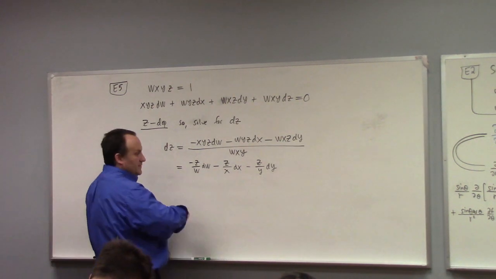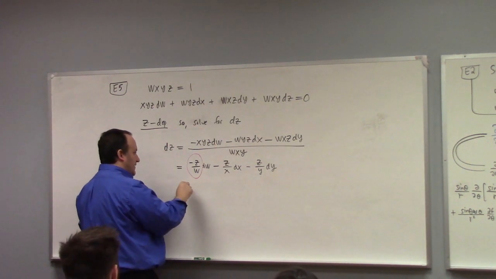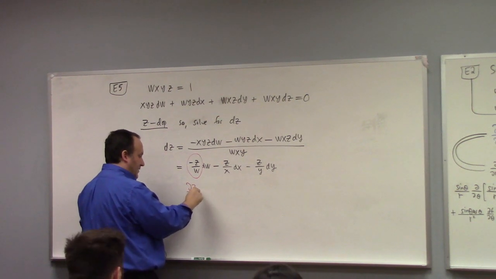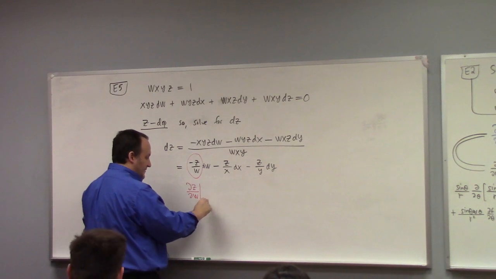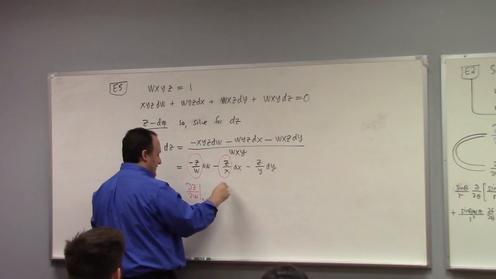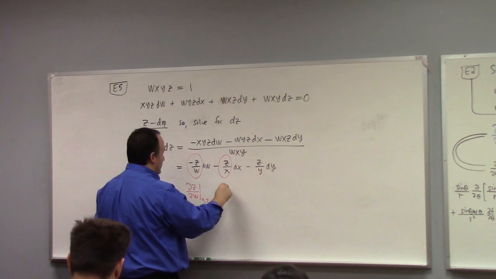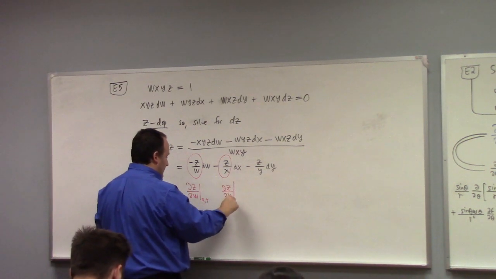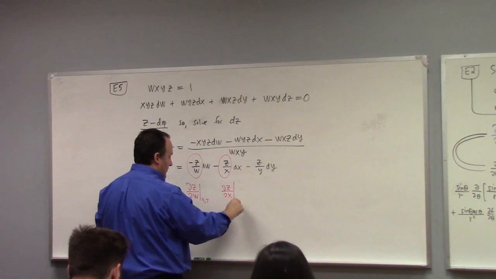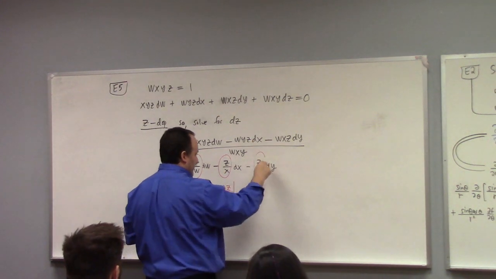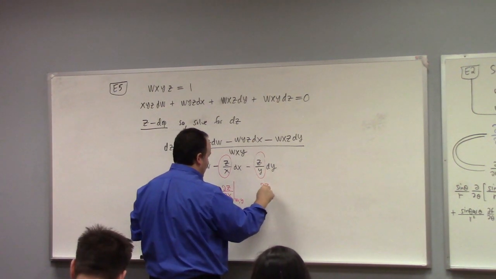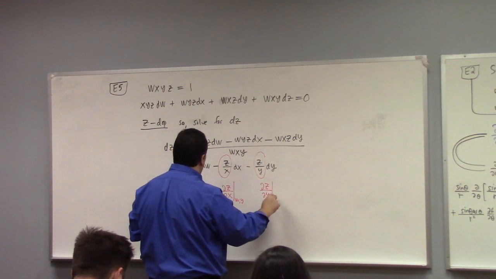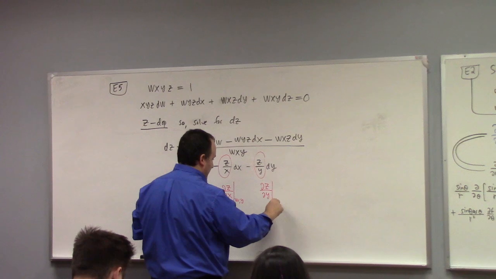This right here is what I would say is partial z, partial w, holding x and y fixed. This right here with the minus is partial z, partial x, while holding w and y fixed. This right here is partial z, partial y, while holding w and x fixed.